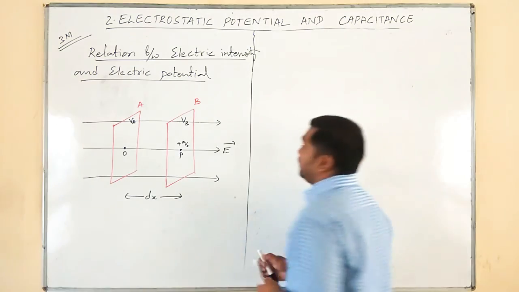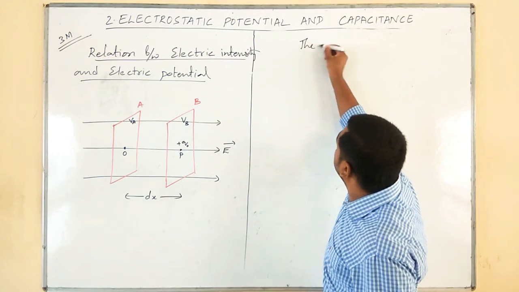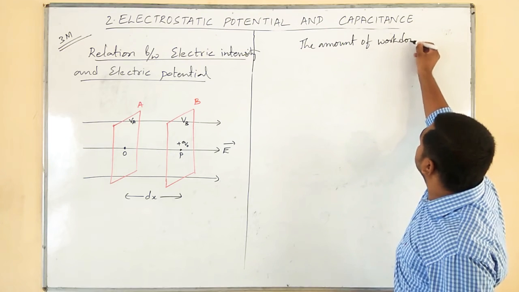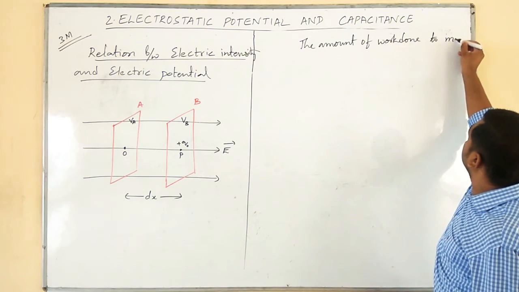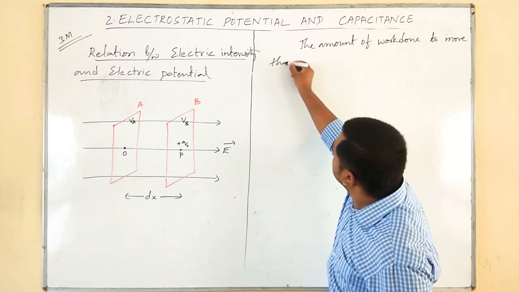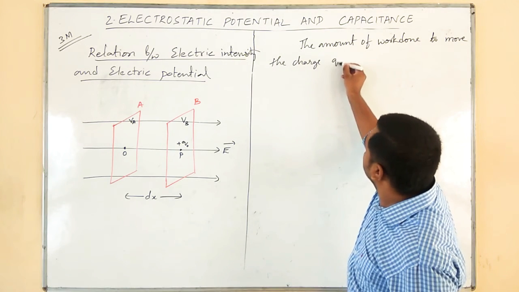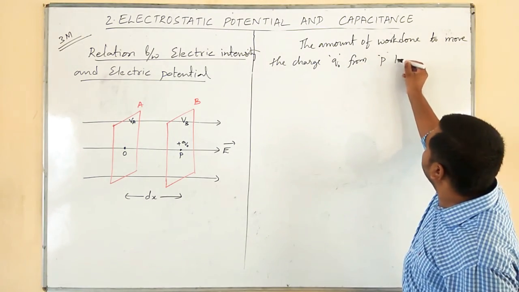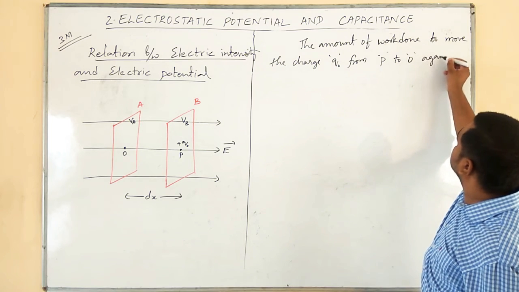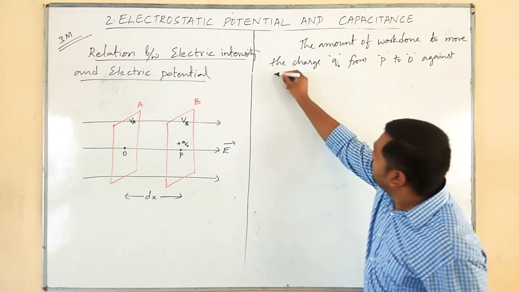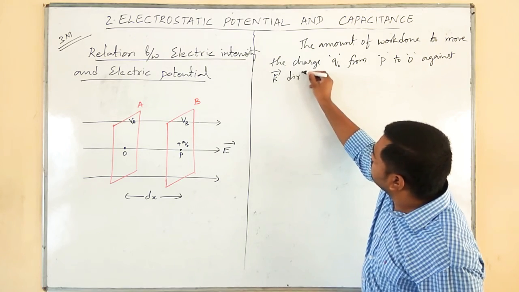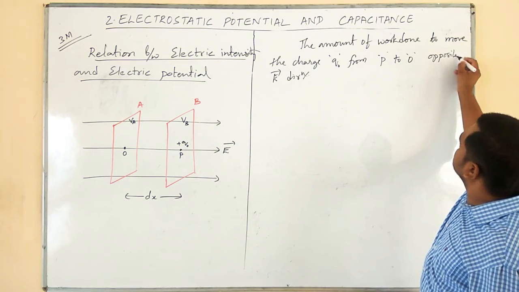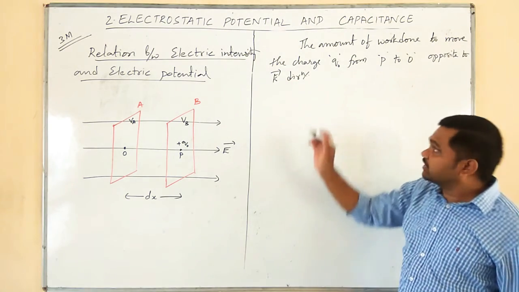Now see, what is the amount of work done to move the charge Q naught from P to O, against the electric field direction, that is, opposite to the electric field direction?